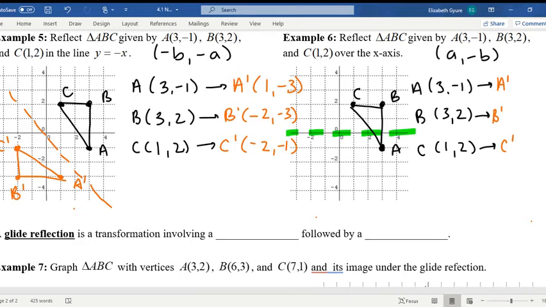Ethan, if A was 3, -1, what do you think A prime would be? Yeah, it would be 3, +1. Good. 3, +1. So here is A prime. Danny, if B was 3, 2, what do you think B prime should be?